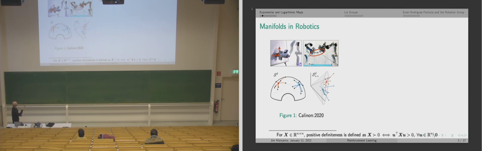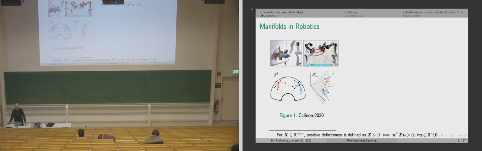So here we have the group of positive definite matrices. It's a square matrix here. And positive definite means that if you take the inner product with respect to that matrix, then it will always be positive.